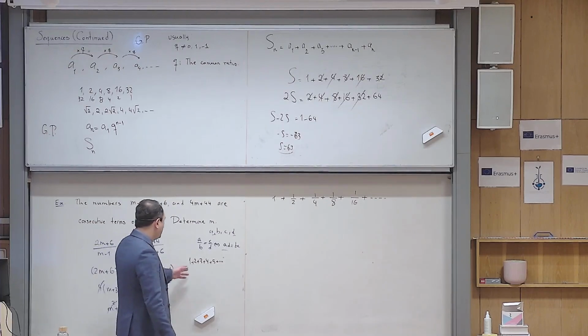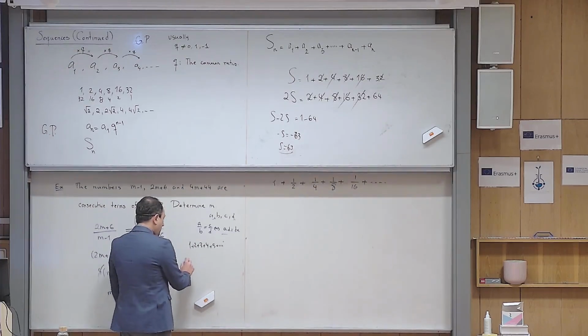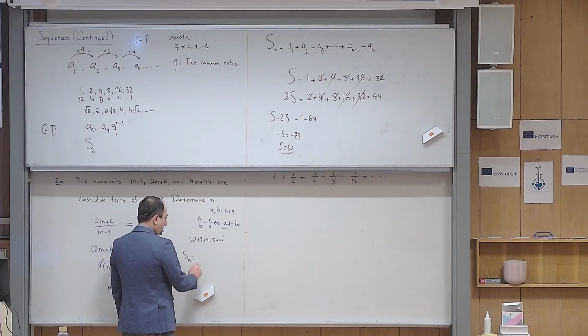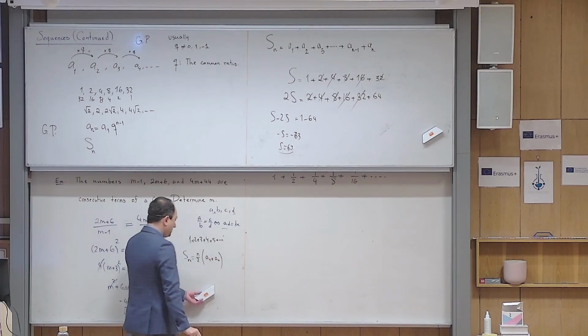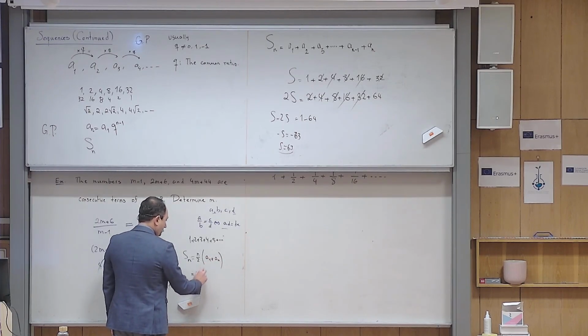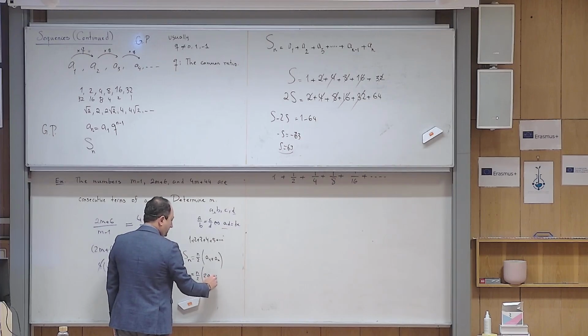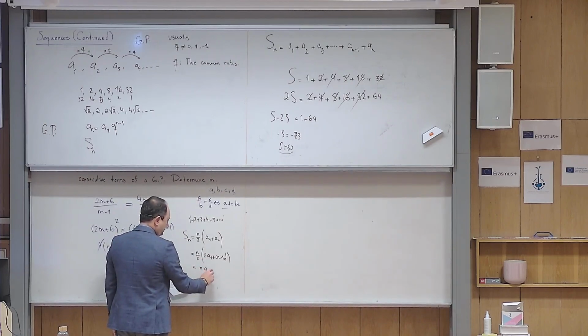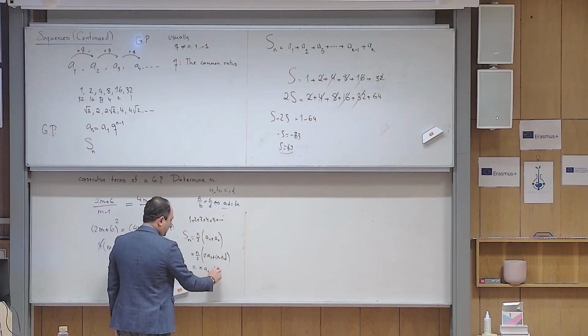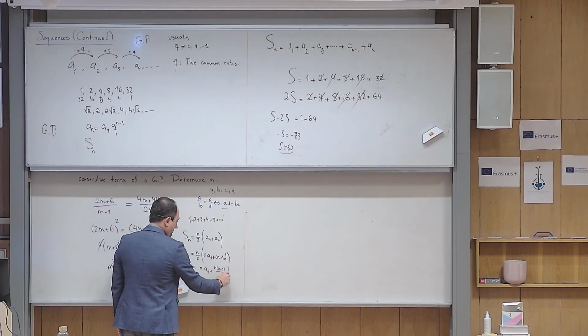Because you know why? Because Sn is n over 2 times (a1 plus an), yes? But an is also a1 plus (n minus 1)d, so a1 and a1 become 2a1 plus (n minus 1)d, and then if I multiply n over 2, the 2 and that 2 cancel, and then I multiply that in, something like this happens.